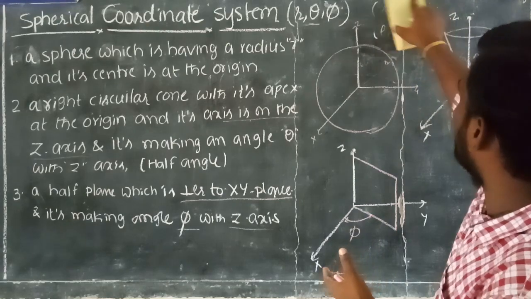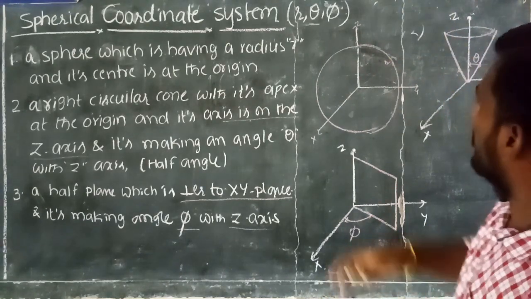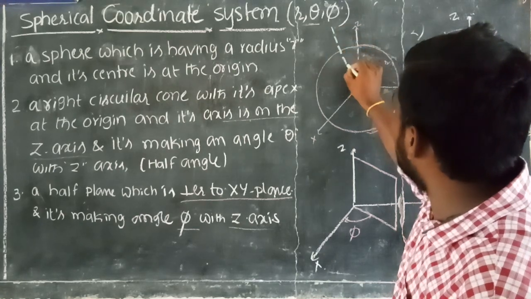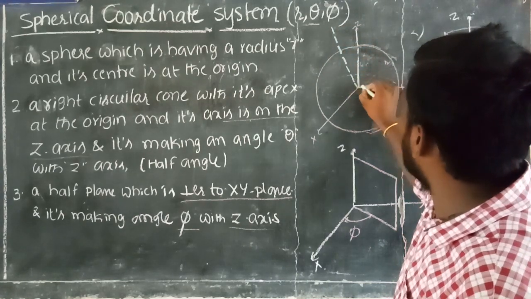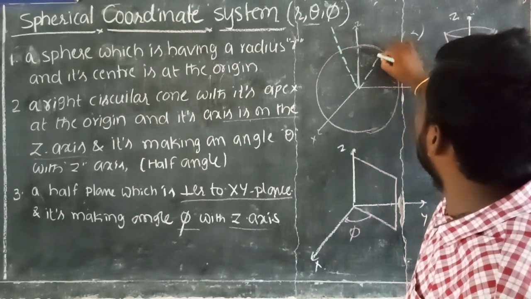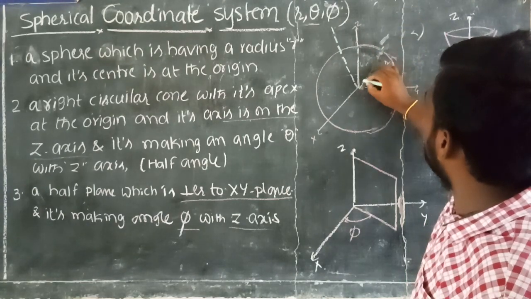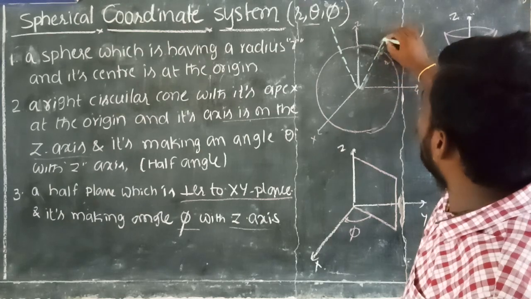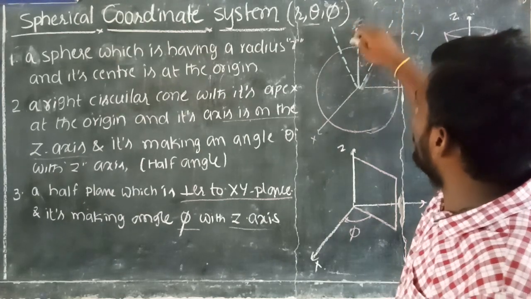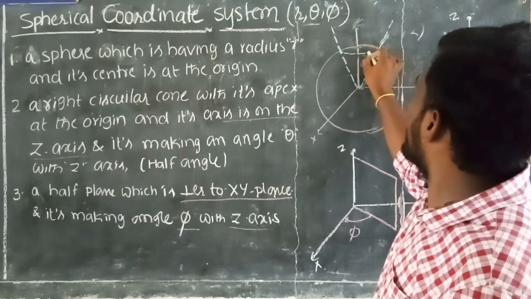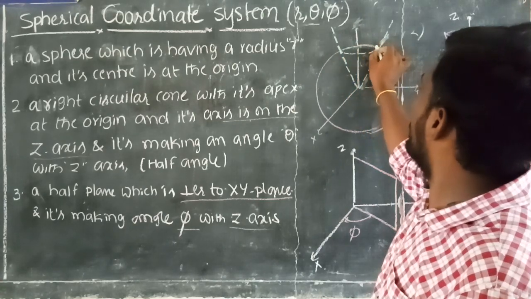If you insert a cone into the sphere like this, which surface is going to be formed? What is the common portion which is available here? It is a circle.